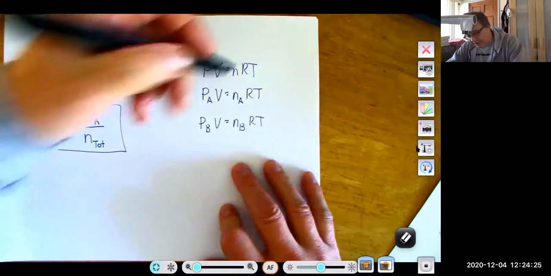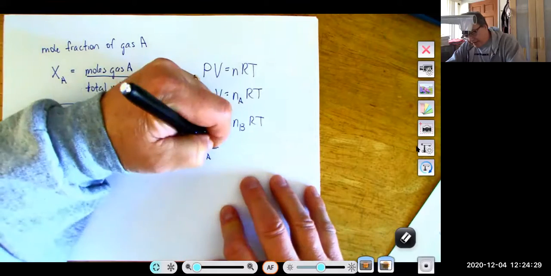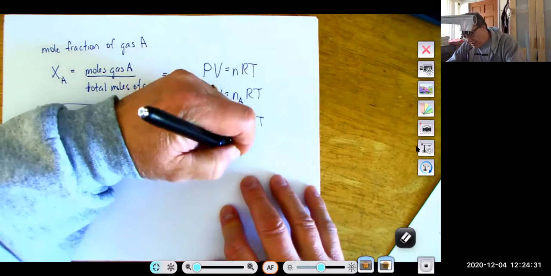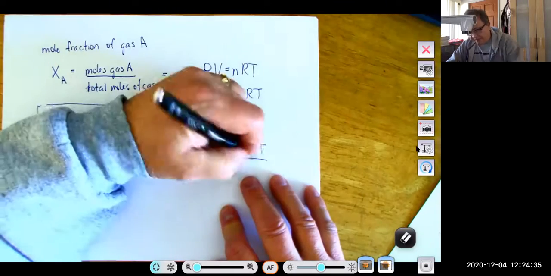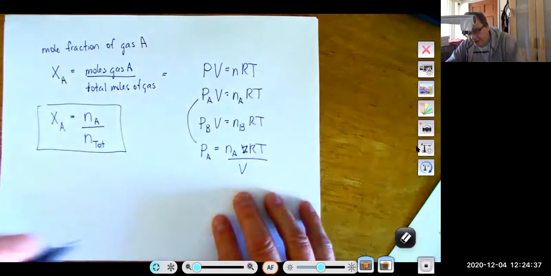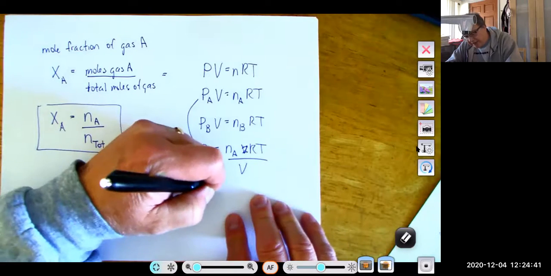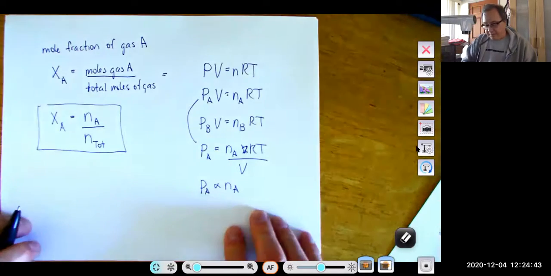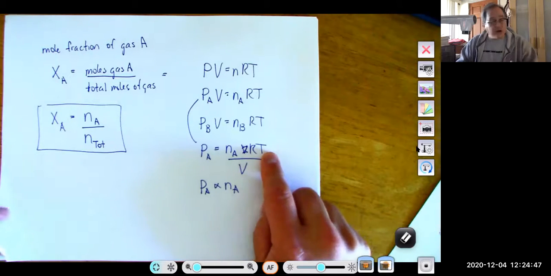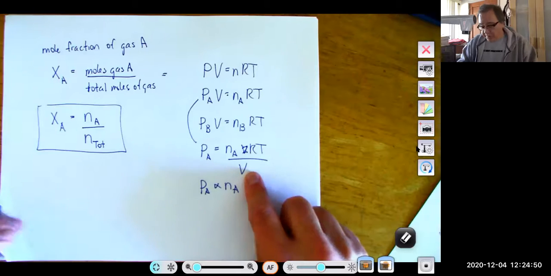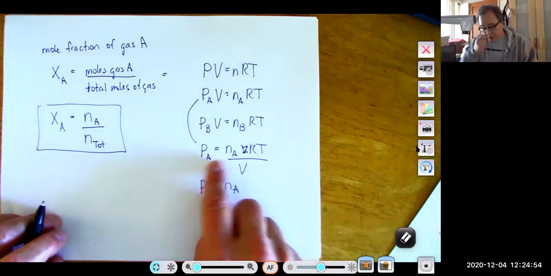Okay, so what this means is that P sub A is equal to N sub A RT over V. Oh, my bad, over V. The reason I want you to see this is that you should see that P sub A is proportional to N sub A, because the temperature is a constant for the mixture, because the volume is a constant for the mixture, because R is a constant for the mixture, the pressure is proportional to the moles.